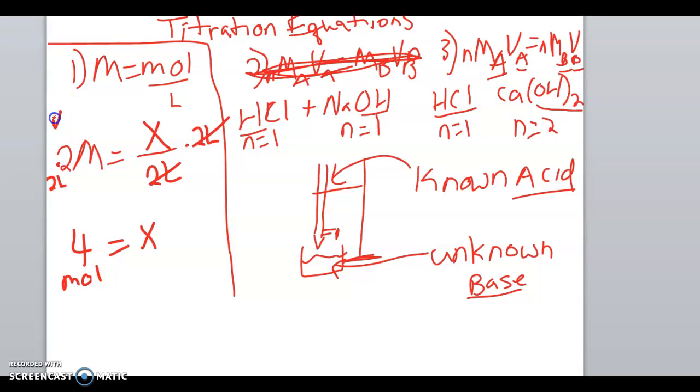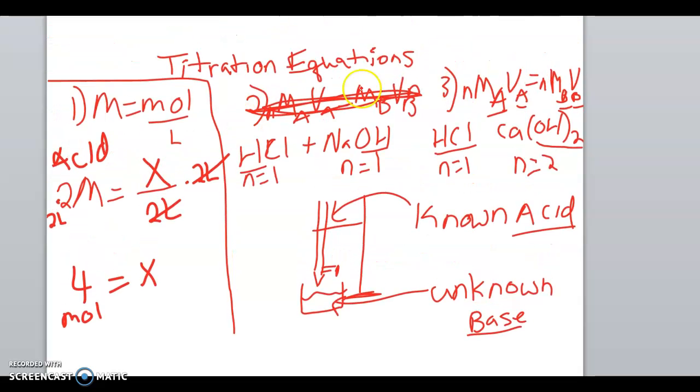So this was all for just acid. You could have said instead, I have 2 molar base in 2 liters, how many moles of base do I have? So you'd be solving for only one, either an acid or a base. You're not mixing anything. You just have a container with an acid or a base in it, and you're trying to find either the concentration or the moles.